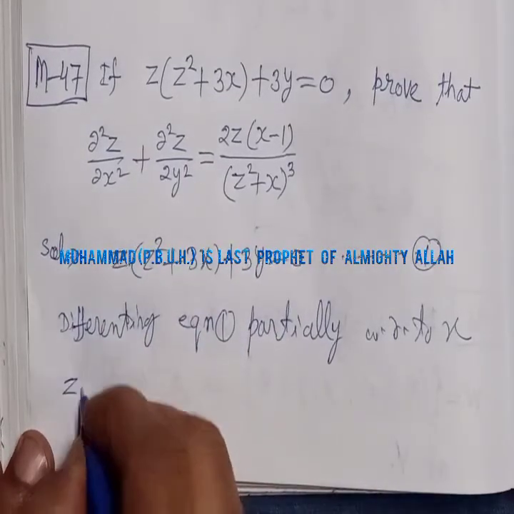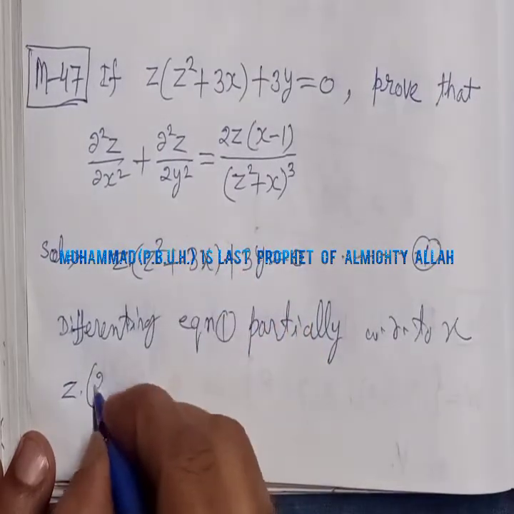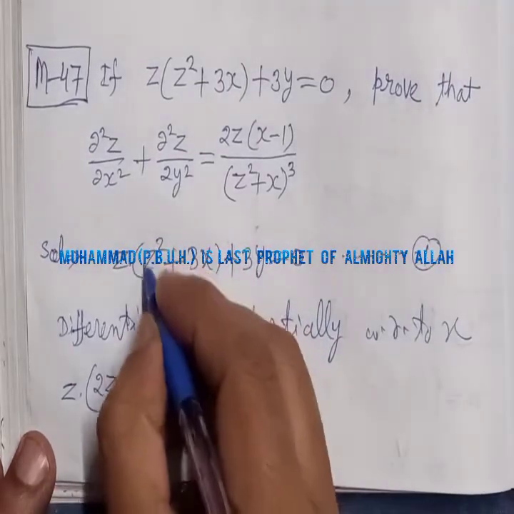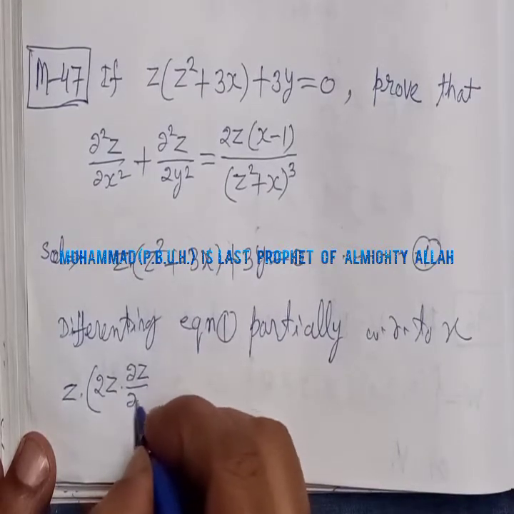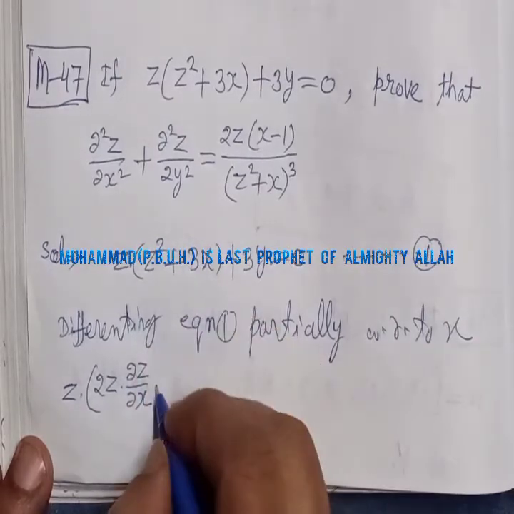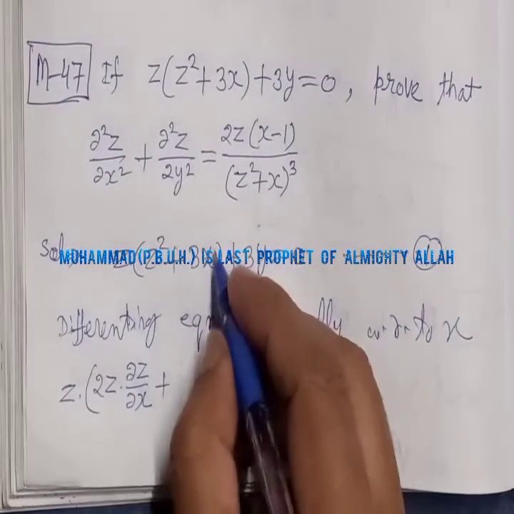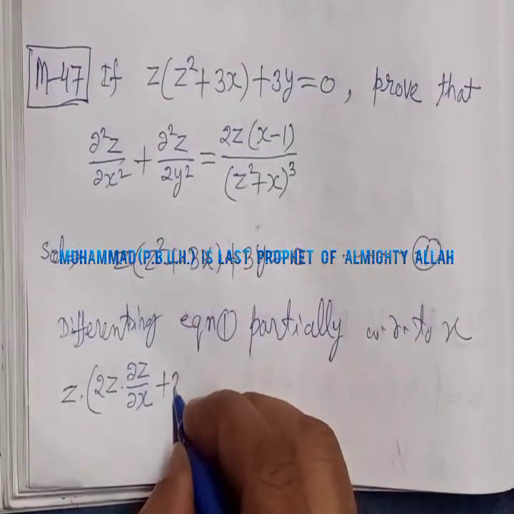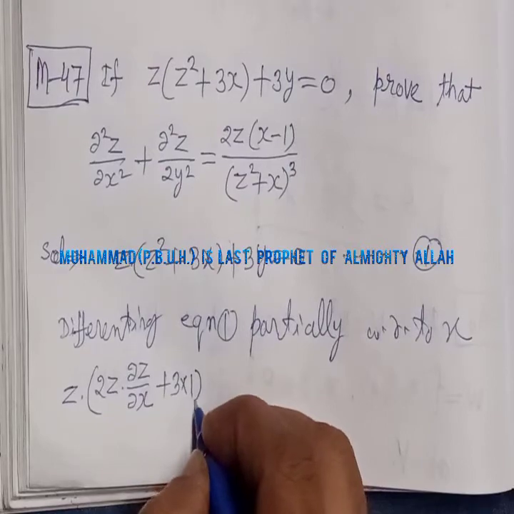First function as it, differentiation of second: differentiation of z square is equal to 2z, but it is not x, so differentiation of z with respect to x according to chain rule, plus differentiation of 3x which is equal to 3 into differentiation of x equal to 1.